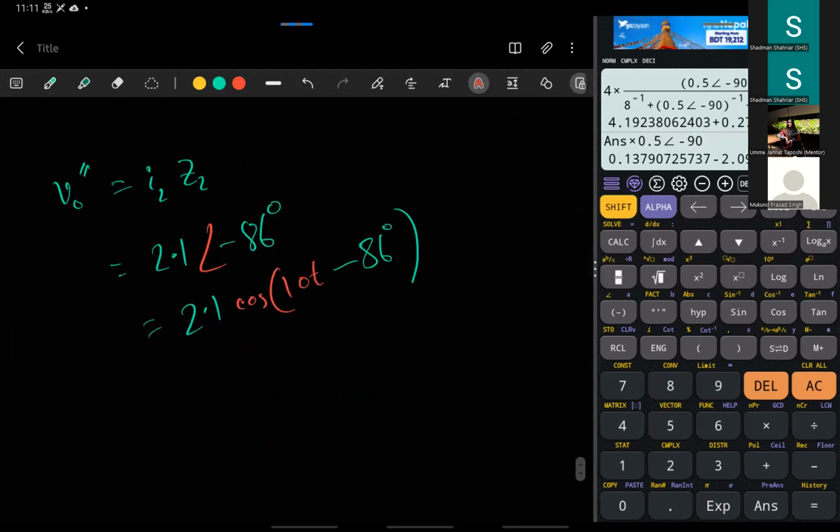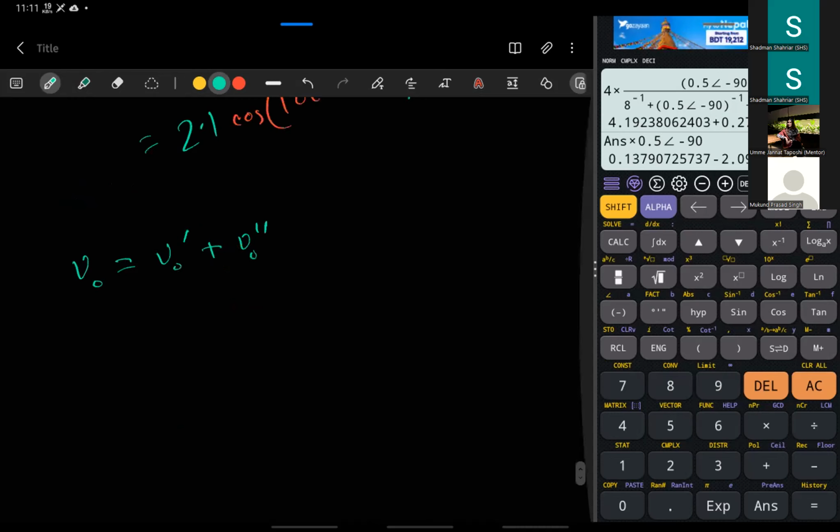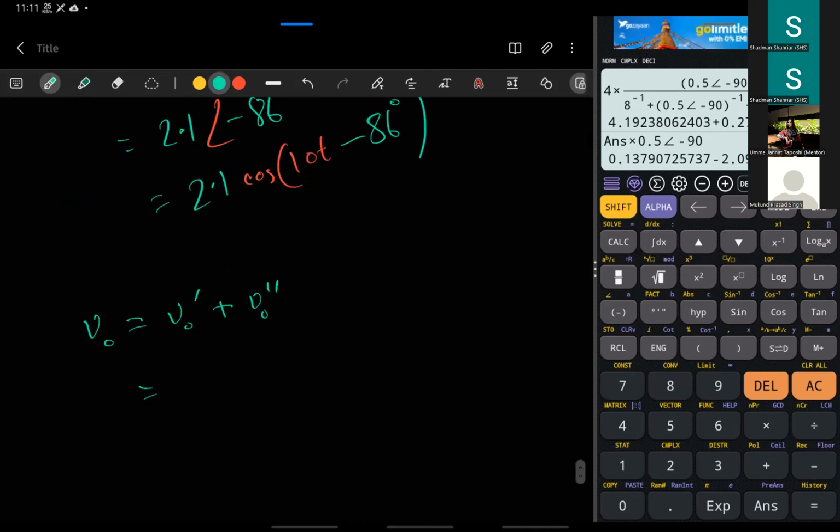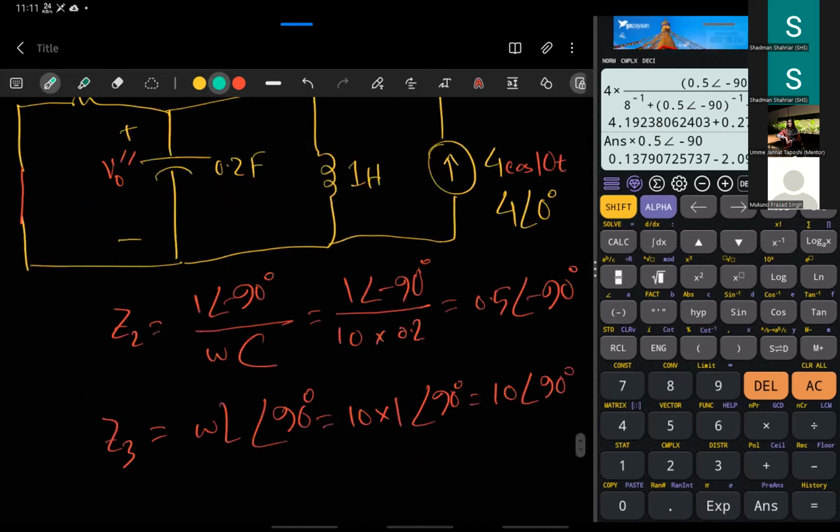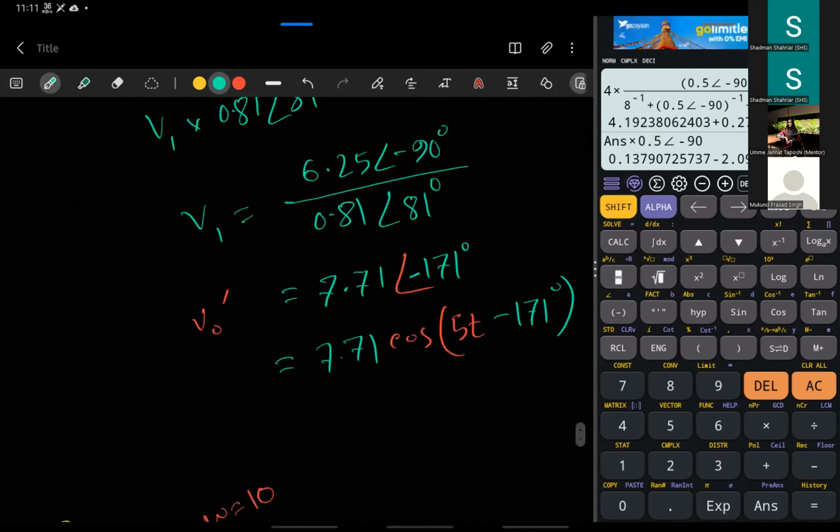And finally, this is your result. V output was V output prime plus V output double prime. The value of V output prime was 7.71 cos 5t. I'm just going to copy this.